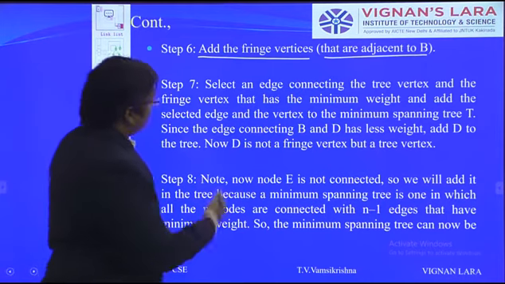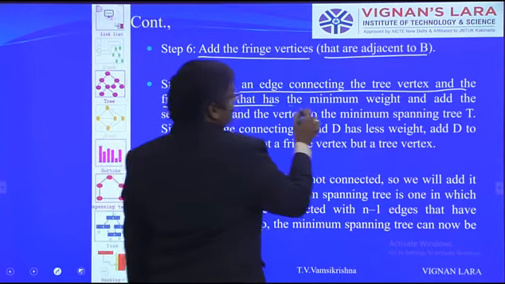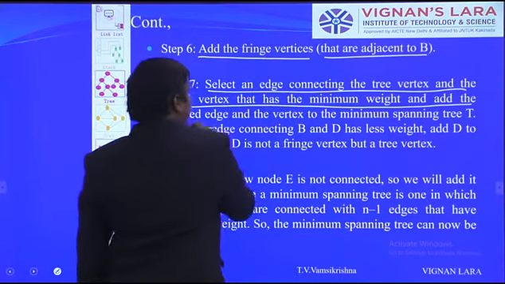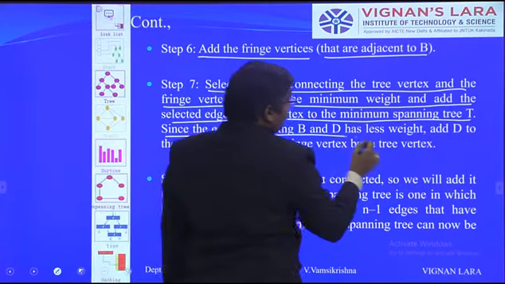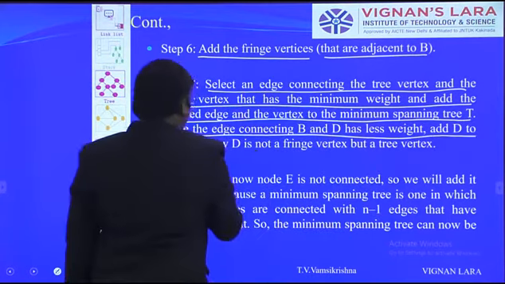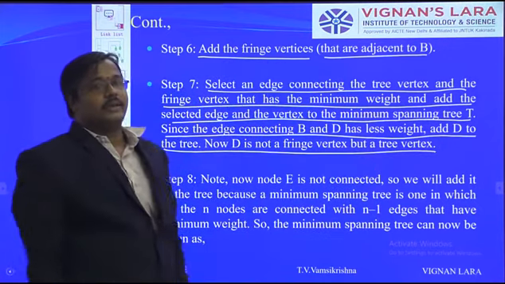Right. So again, select an edge connecting a tree vertex and a fringe vertex with minimum weight. Add the selected edge and vertex to the minimum spanning tree T. Since the edge connecting B and D has less weight, D is now not a fringe vertex, it is converted into a tree vertex.